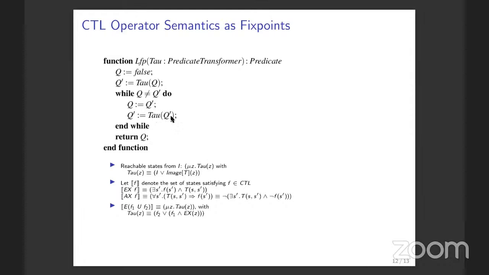So each time you start with false, and you take the tau of that, and you use that as the input to the next tau, exactly what is shown here. So this is the code that you will write. It is as simple as that. All the work gets done inside the tau operation, manipulating BDDs.